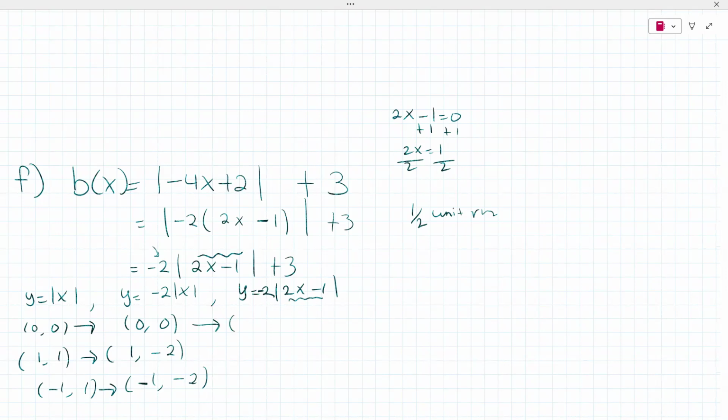So what that means is you add 1/2 to the x coordinate. So 0, 0 will be 1/2, comma 0. 1, comma -2 will be 1.5. -1, -2 would be negative 0.5. Okay. And then do the add-ons. The +3 is a vertical shift.